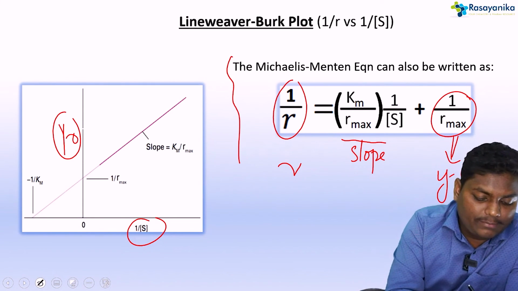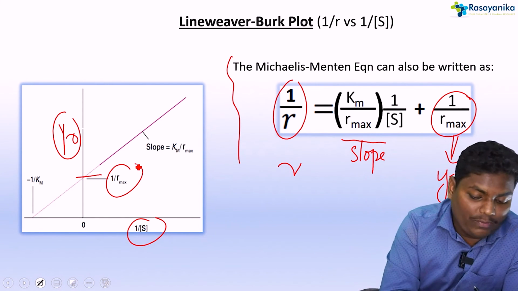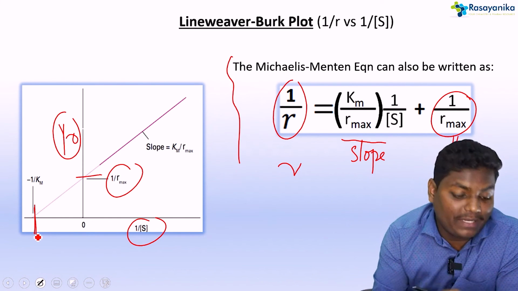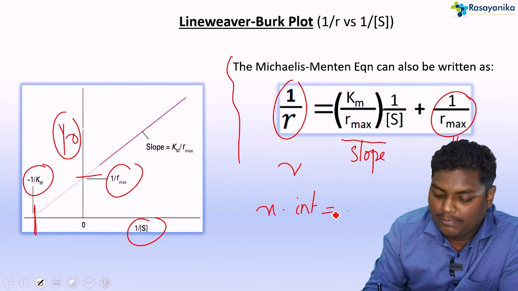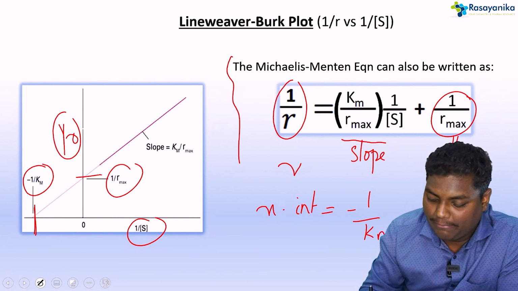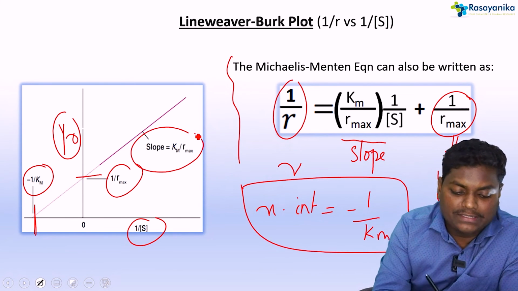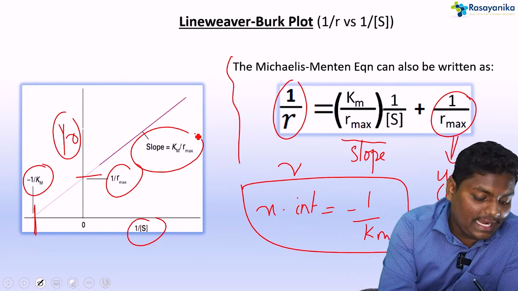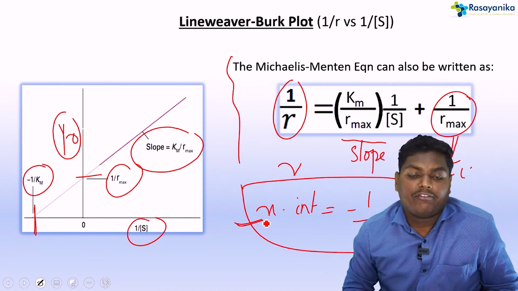The y-intercept is given by 1 by the maximum rate, whereas the x-intercept is given by negative 1 by Km. The slope for this Lineweaver Burk plot is Km by Rmax. So that's all about the Lineweaver plot.